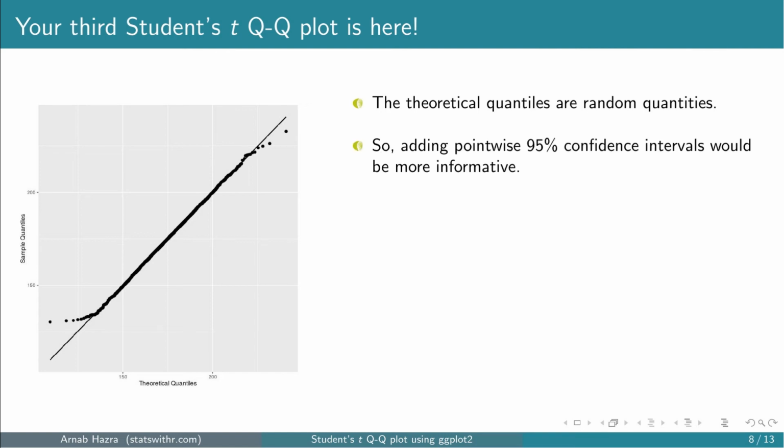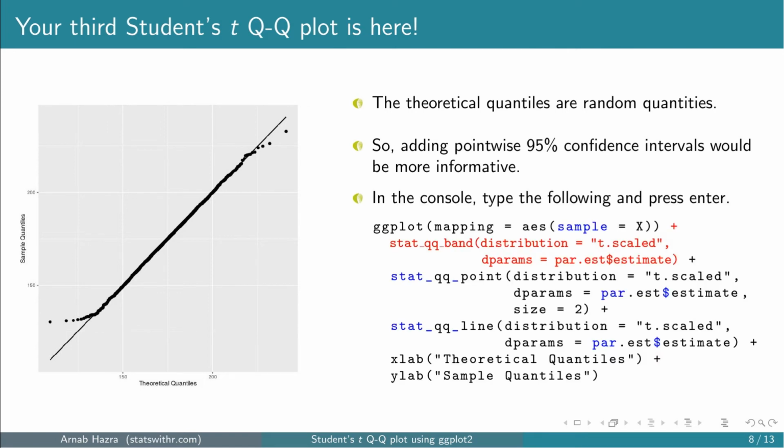So it is always a good idea to draw pointwise 95% confidence intervals along with the line y equals x. To do that, add stat_qq_band, set the distribution equals t.scaled and dparams equals the fitted MLEs.